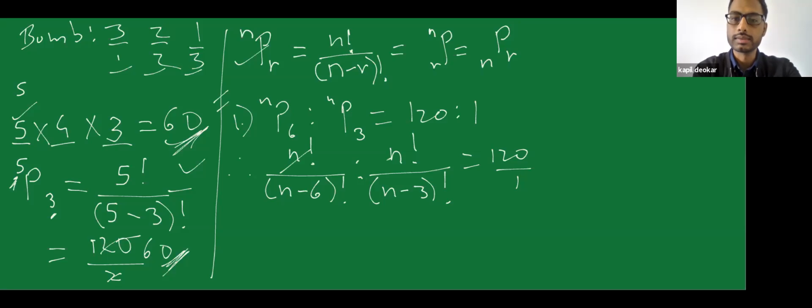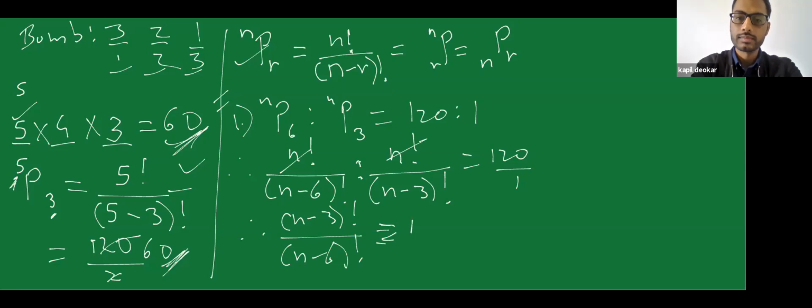This and this cancel out. This is division, so numerator and denominator cancel out. Therefore, I can say n minus 3 factorial divided by n minus 6 factorial is equal to 120 upon 1.